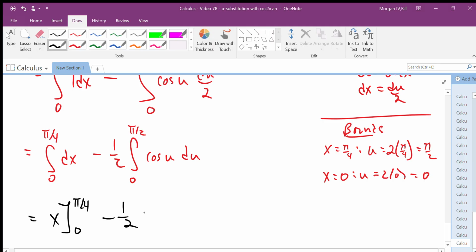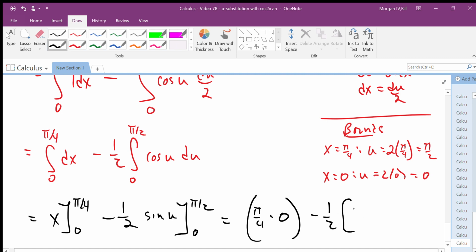Minus 1/2. The integral of cosine of u is sine u. I'm going to evaluate that one from 0 to pi over 2. And so I get, plugging in the pi over 4 for the x and then the 0, pi over 4 minus 0, minus 1/2 times (sine pi over 2 minus sine 0).